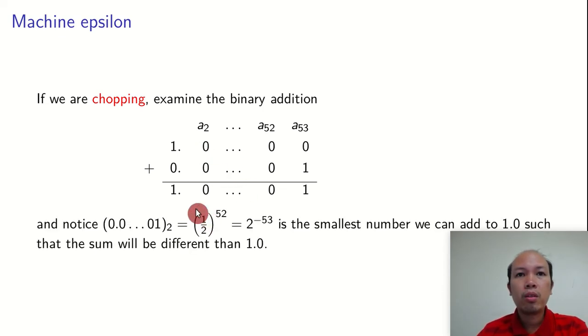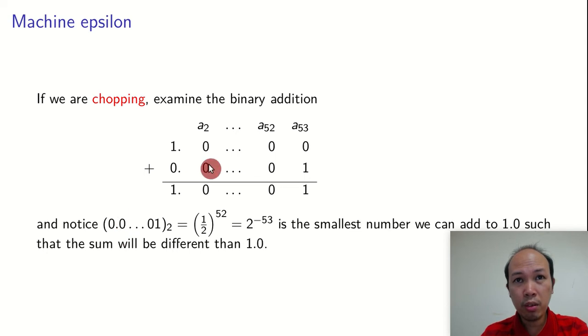Notice that 0.001, the one that we add, is the smallest number, and if we convert this number to a decimal number, then the value is of course this one. We know this already.